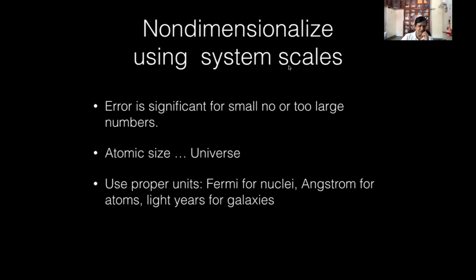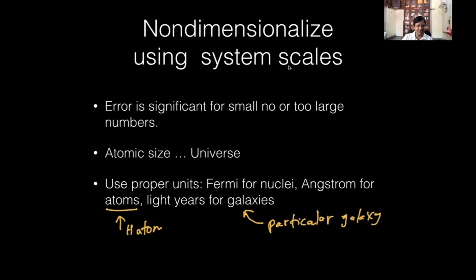So proper units: you say Fermi for nuclei, angstrom for atoms, light years for galaxies, or you can go even further. For length for atoms, I may choose the hydrogen atom. For galaxies, you can choose one particular galaxy, and the size of that galaxy can be chosen as a length scale for your astrophysics work.